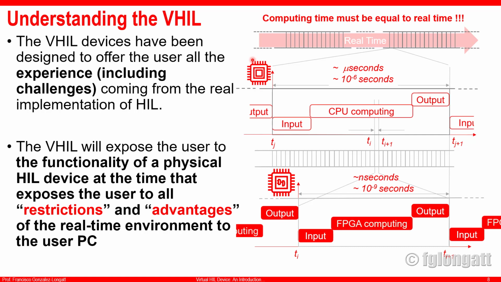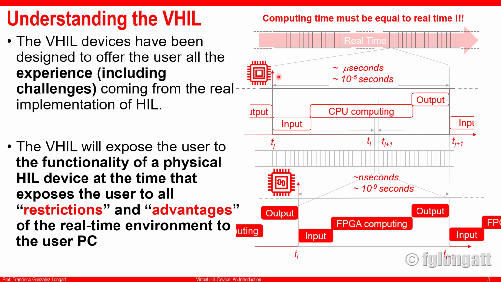But if we are working with models, very complex models with very small time constants, for instance, power electronic switches, we need very fast calculation. We need a lot of intensive calculation. We need something very fast, and that is the reason for using the FPGA.